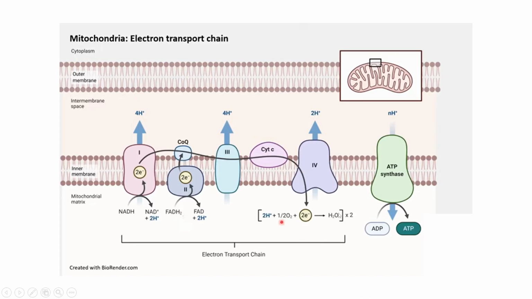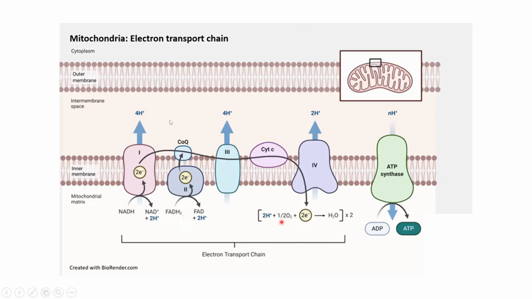Okay, that is complex 4. So complex 4 makes the water molecule by using these electrons, and it also translocates two hydrogen ions. Okay, so complexes 1, 3, and 4 translocate the hydrogen ions. In complexes 1 and 3, 4 hydrogen ions are translocated, and in complex 4, 2 hydrogen ions are translocated.